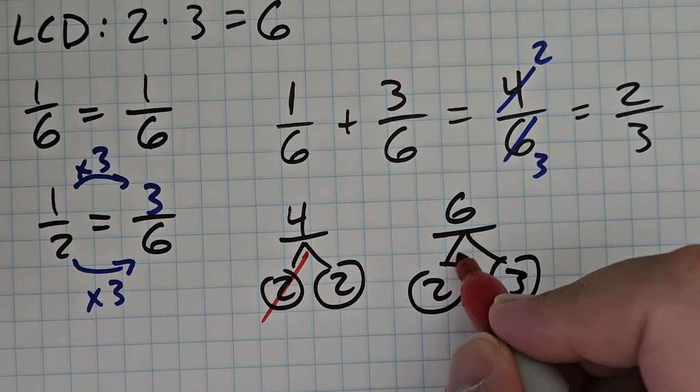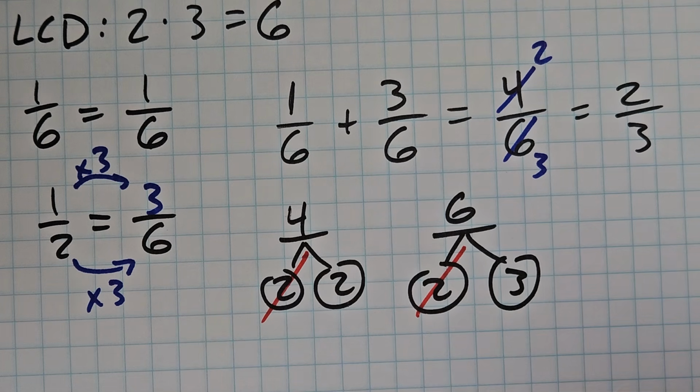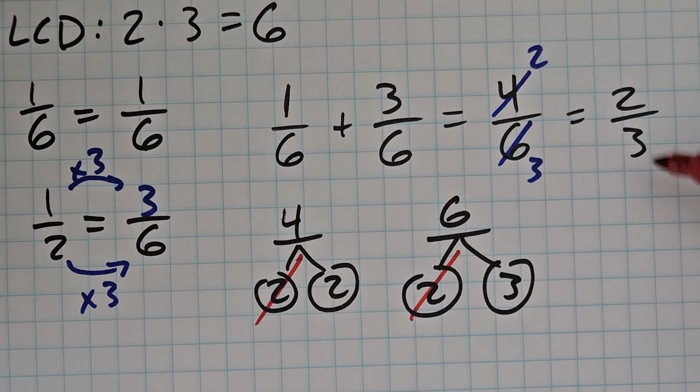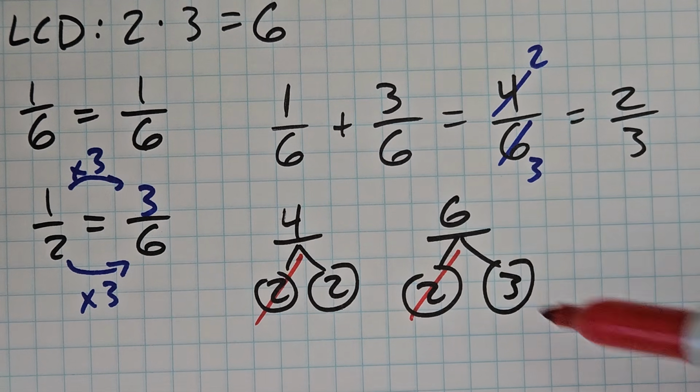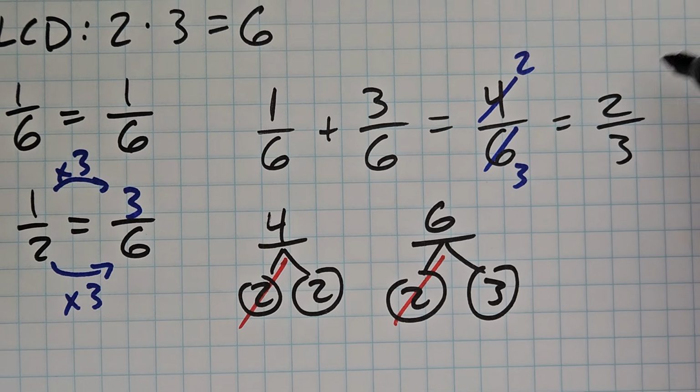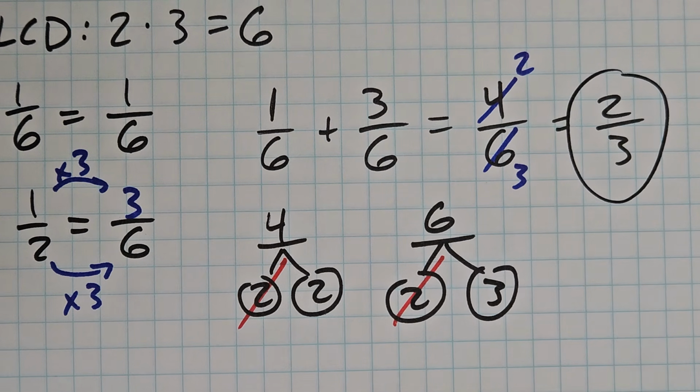They both have a 2, so I'm going to cancel it out. That's it. This only has a 2, this only has a 3, and that is what is left in our answer. The 4 reduced to a 2, and the 6 reduced to a 3. Now that's a very simple example, but again, this same technique works on much more complicated examples, and that's why it's important to know it.